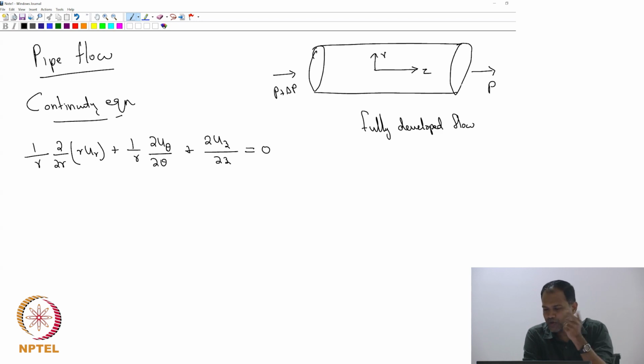So here also it's unlikely that we will have a ur. Ur is likely to be 0, and we will right now assume that ur is indeed 0. You can question that assumption, but at a later point. So let's assume that ur is equal to 0. We will also assume that u theta is equal to 0.